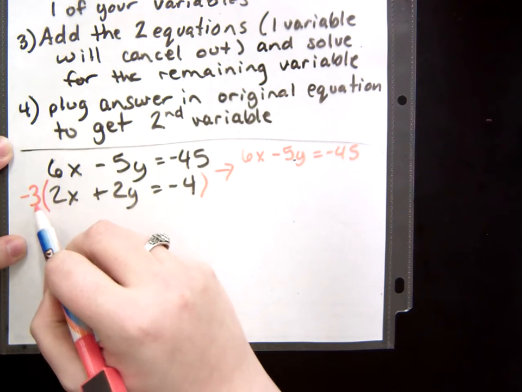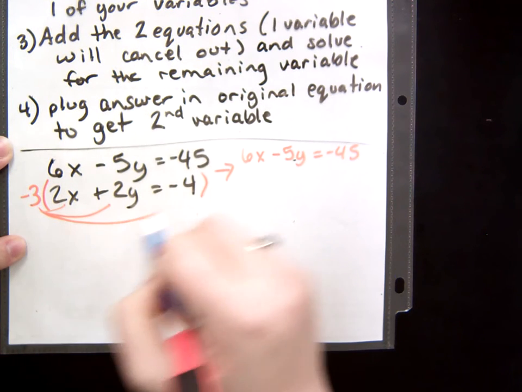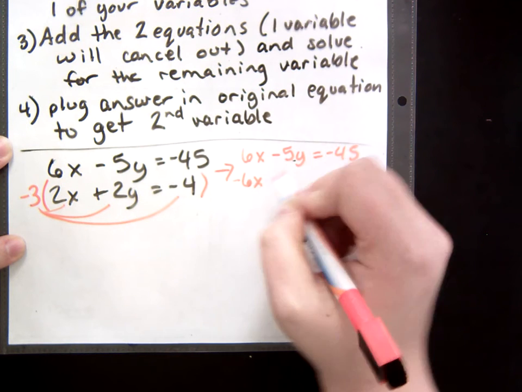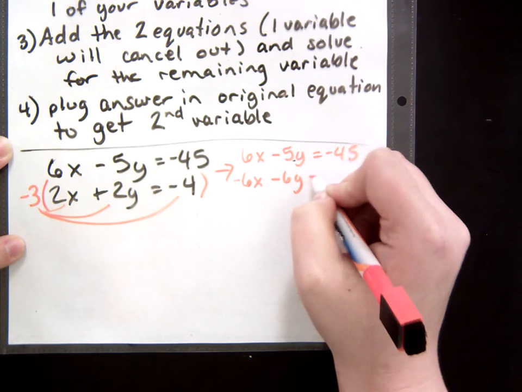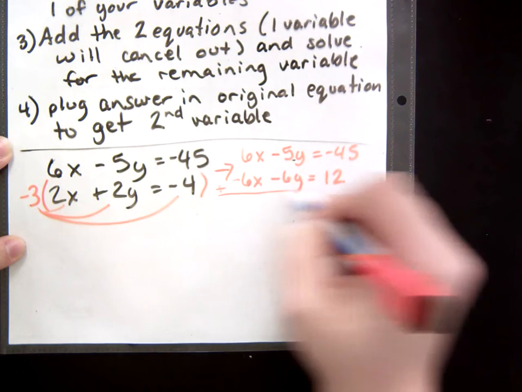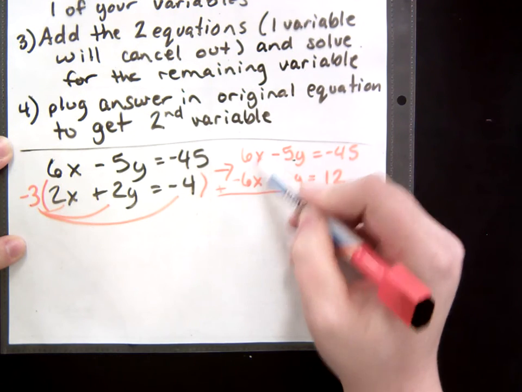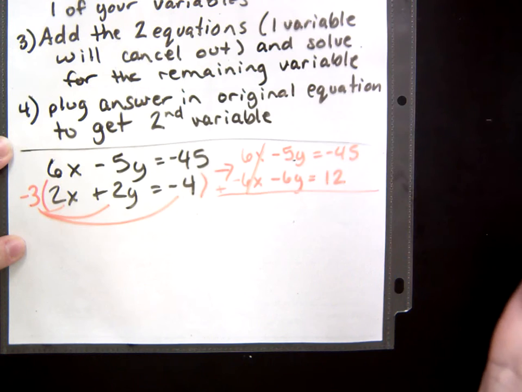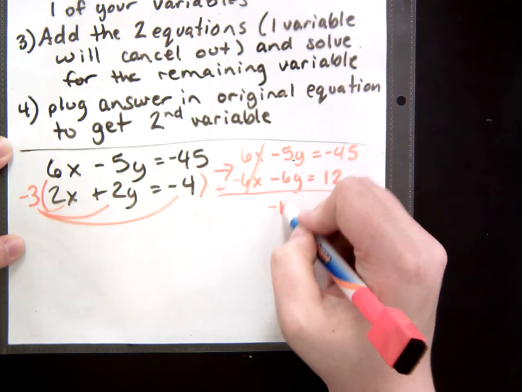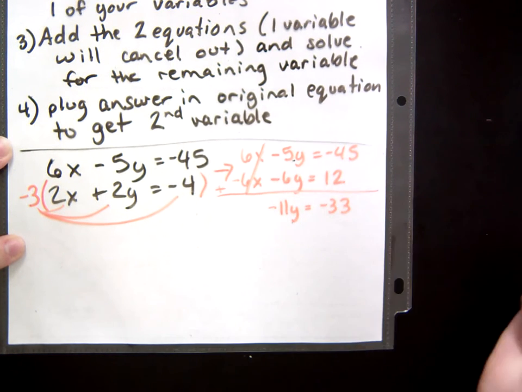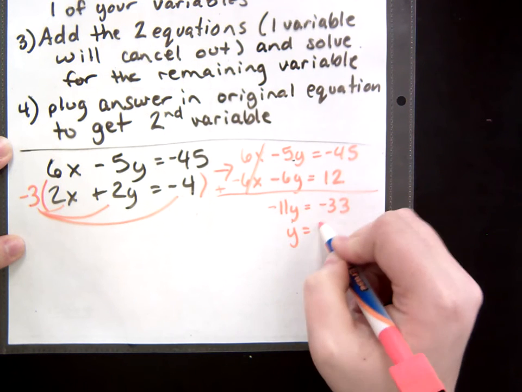And now I'm going to multiply each of these terms by negative 3. So I get negative 6x minus 6y equals positive 12. And now when I add my equations together, 6x minus 6x gives me 0. It cancels, which leaves me with negative 11y equals negative 33, which means y is 3.